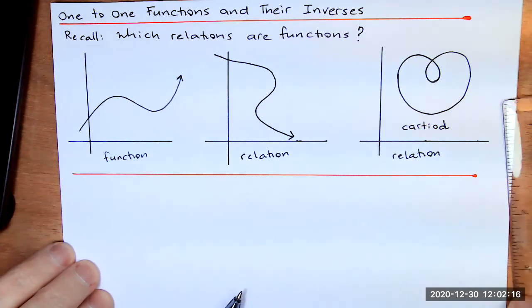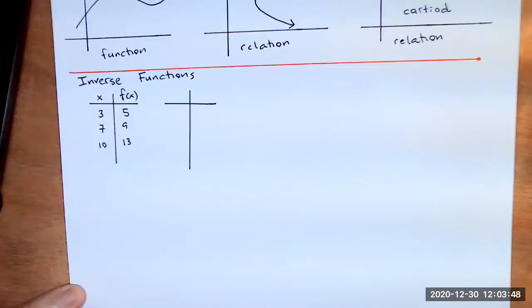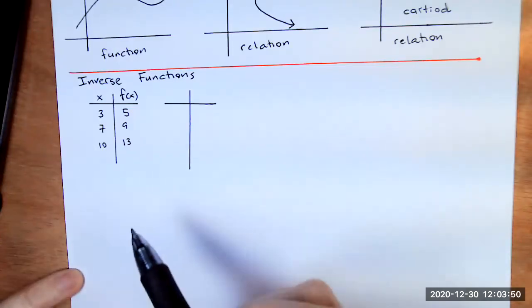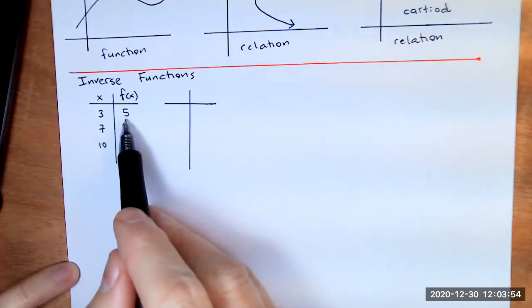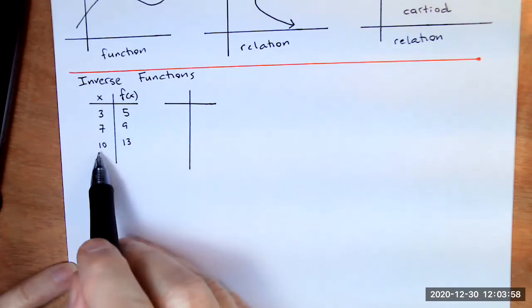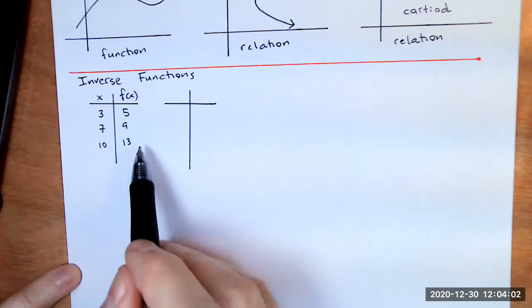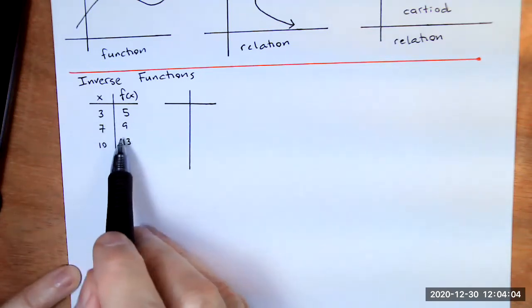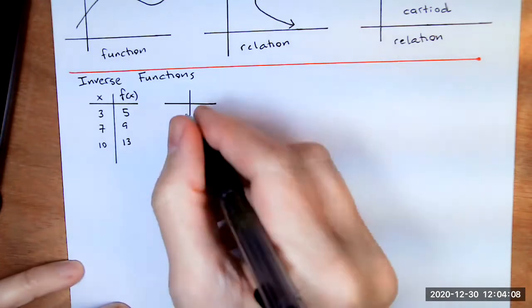All right, let's talk about inverse functions. So suppose we have this simple function. When x is 3, f of x is 5. When x is 7, f of x is 9. When x is 10, f of x is 13. Well, the inverse function in simplest terms simply reverses the input and the output.